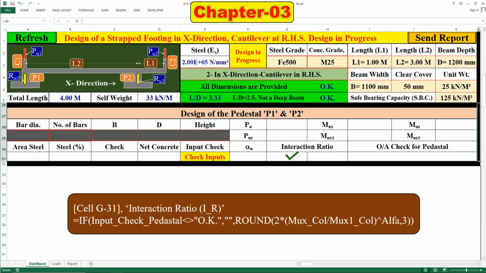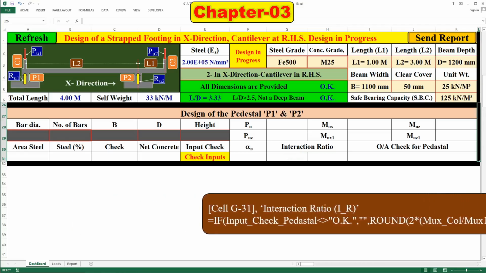After verifying input_check_pedestal, to get the value of I_R, it calculates 2 times mux_col divided by mux1 to the power of alpha. Finally, the Excel round function will provide us the value of I_R up to 3 decimal places.